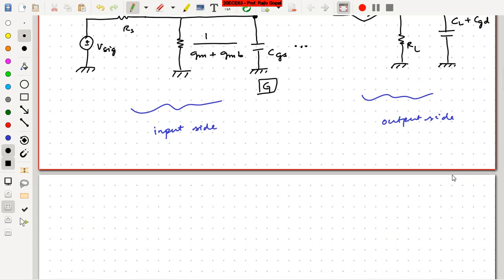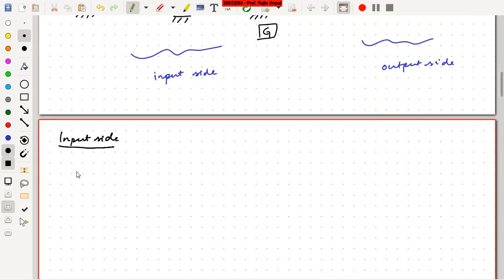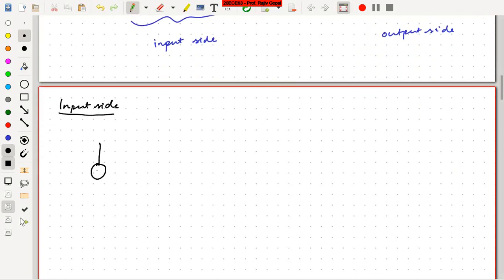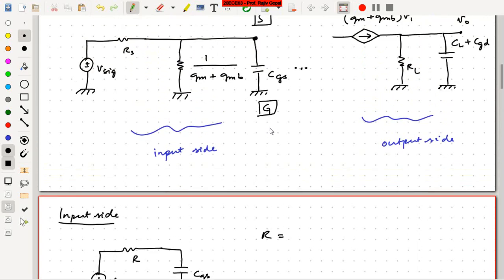So for the input side, I can write like this. I can take this voltage to be some V, and this to be some R, and this to be CGS. Here R will be the parallel combination of RS and 1 by gm plus gmb. How do we get this? It is simple. For this part, you apply Thevenin's theorem.